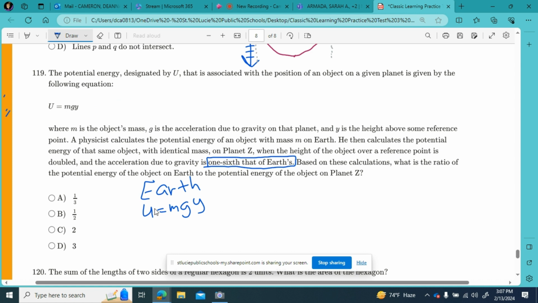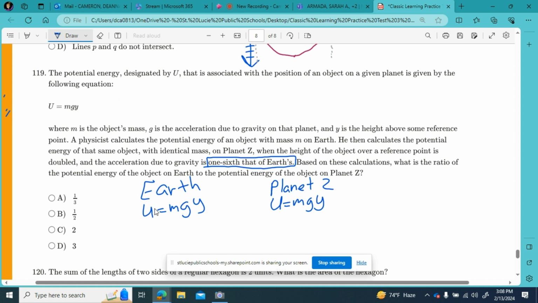So planet Z, U equals mgy. The potential energy designated by U, where m is the object's mass. So, what is the ratio of the potential energy of the object on Earth to the potential energy?